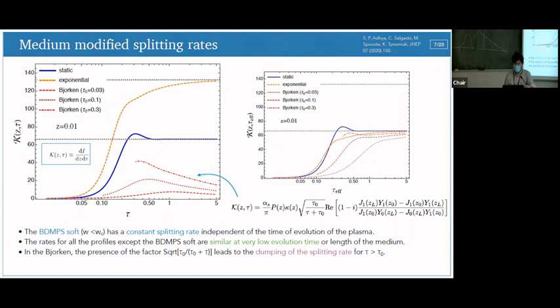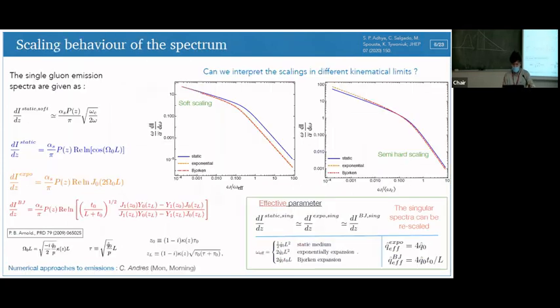So this tau over here is the total evolution time, related to the total length of the medium, so you evolve everything for a particular value of tau, and you have the spectra after this. But the fact that the rate is small for small tau is because you haven't waited long enough to form the gluons.